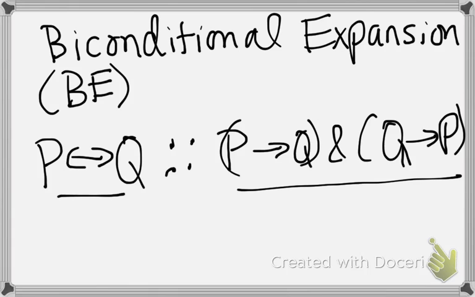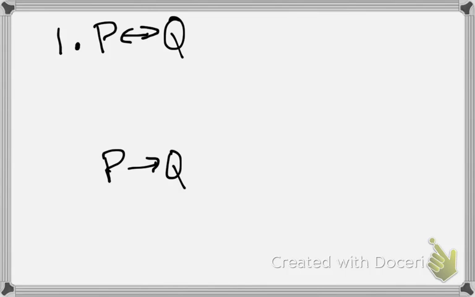So how is this rule useful? Well, there's a couple situations in which it might be useful. So I'm going to talk about some of them. So suppose you have the formula P if and only if Q in your argument. And suppose you'd really like to have the formula P arrow Q. Now you could obviously get this through an arrow in proof.